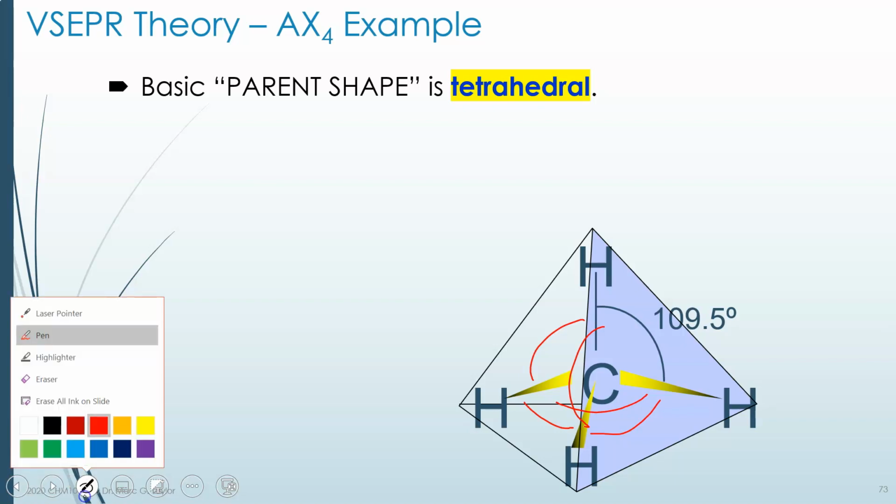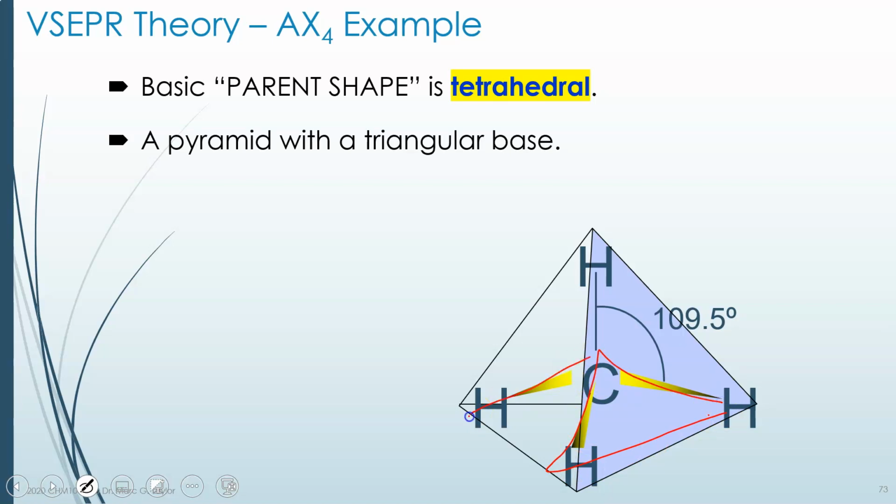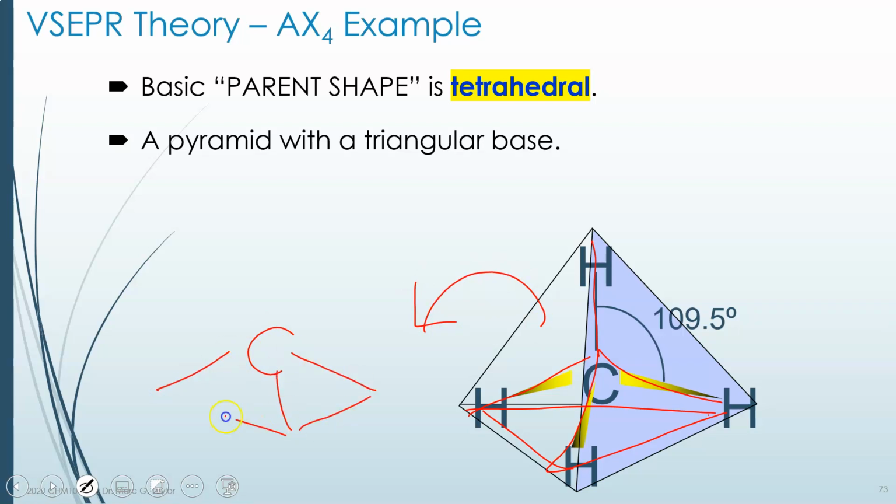The hydrogens will spread out as much as possible. And so it will have that little pyramid on the bottom, but it will have one sticking out. And if I turn this sideways, I would get the same thing. I would see a different triangle formed on the bottom and a different one sticking up.